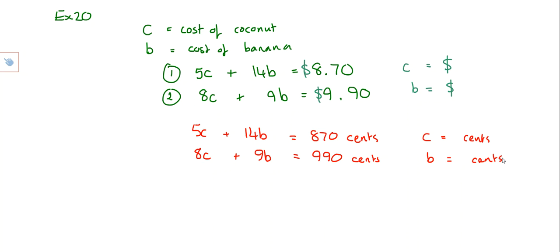It might be, for instance, that you prefer to work with 870 rather than 8.70. But as long as you understand that the value you get at the end for C and B would be in cents. So for instance, if it then said to you how many dollars is a banana and you ended up with 115, you would know that actually that's 115 cents, not dollars, depending on what you're working with. So you have to be able to do that. Does that make sense? So that's the important thing. It's about dealing with the currency there.